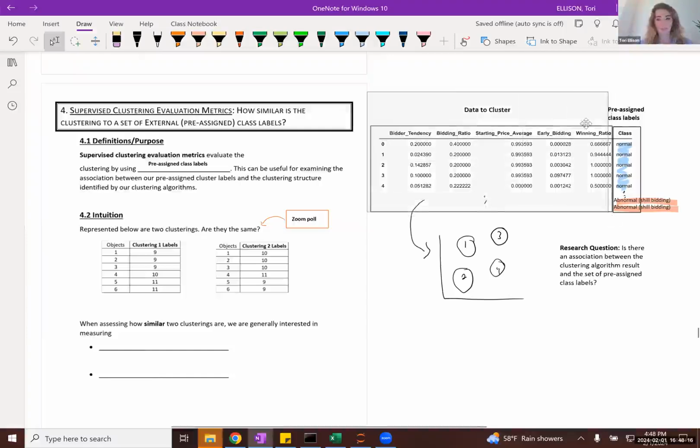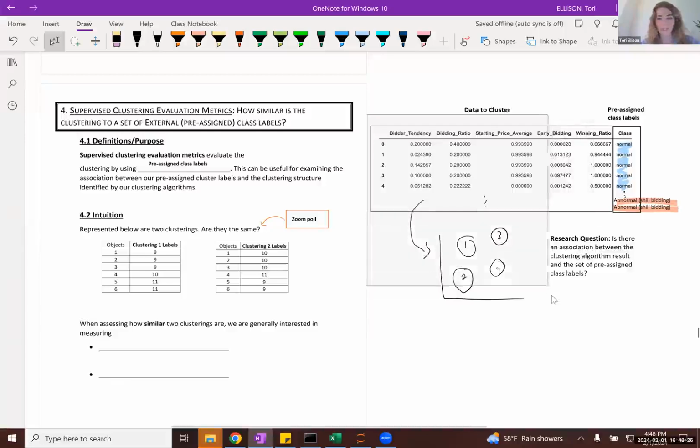For instance, the overarching research question I would like to answer with this data set is: is there an association between the, let's say, 4 k-means cluster labels that I have found for this data set and my set of pre-assigned class labels, whether or not the auction was normal or abnormal?